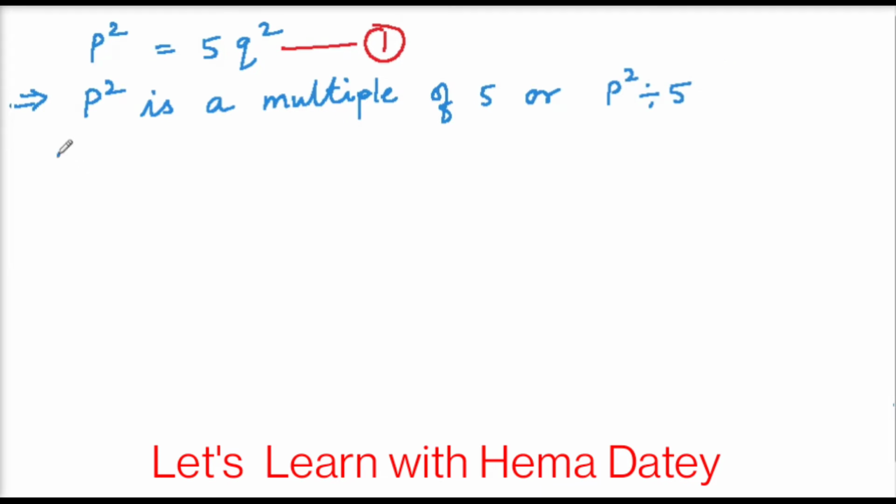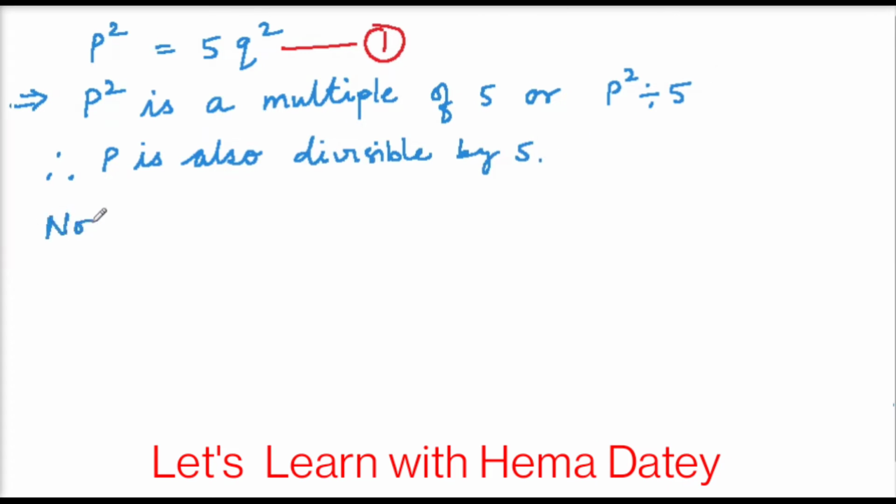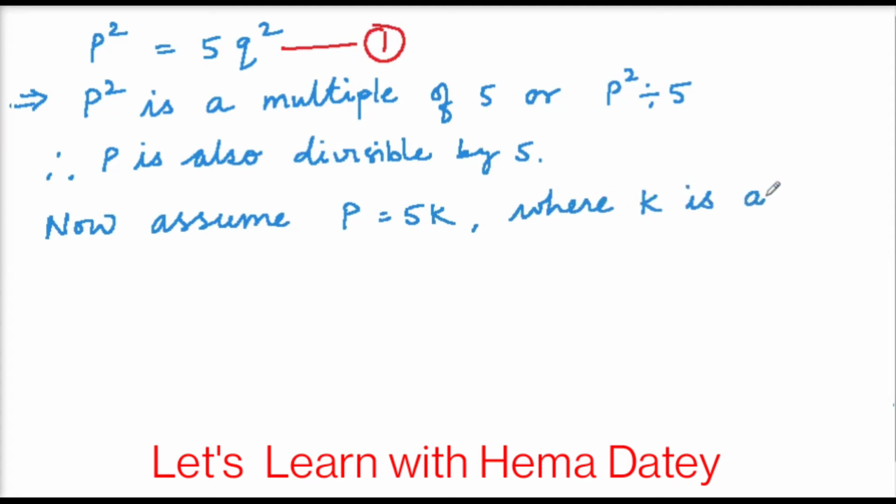So by the property we know that if p square is divisible by 5, therefore p is also divisible by 5. It shows that p is also a multiple of 5. So now we assume p equals 5k, where k is any integer.